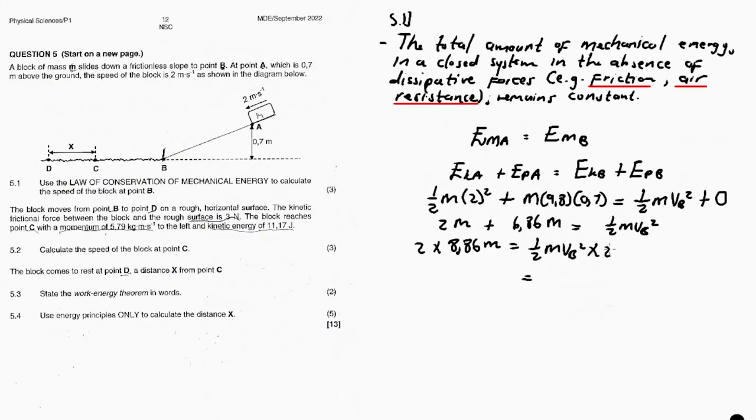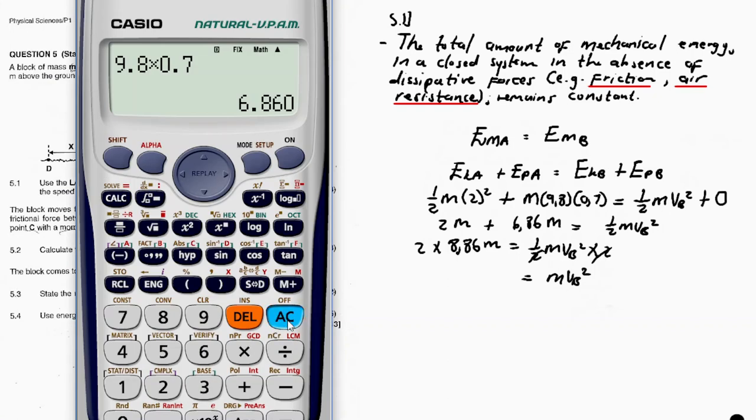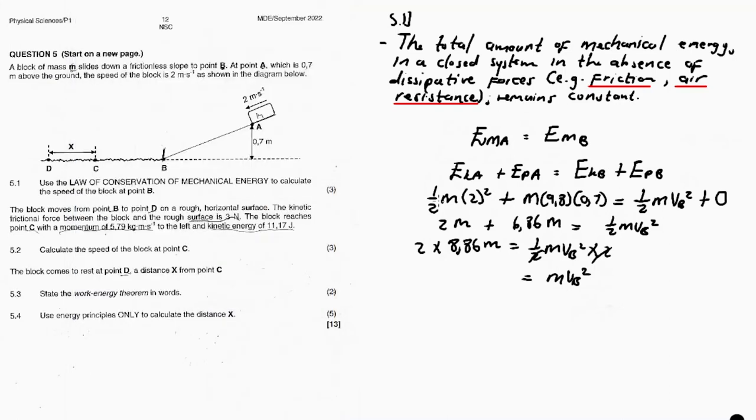The 2 cancels the half, leaving m VB squared, and 8.86 times 2 is equal to 17.72 m.